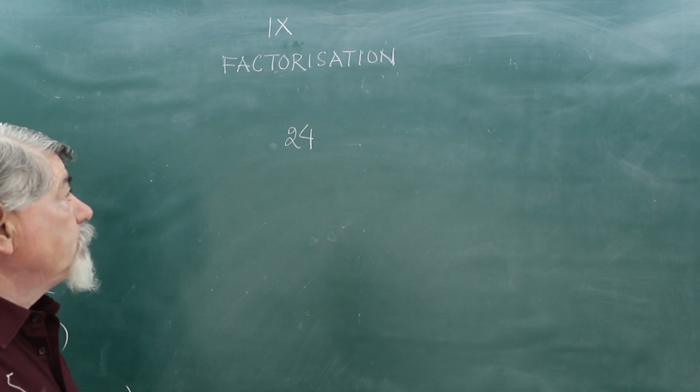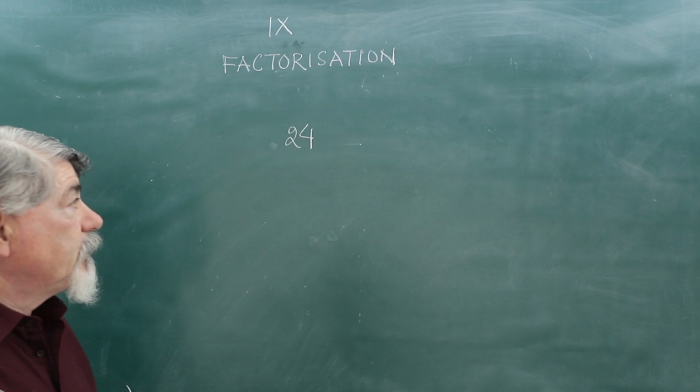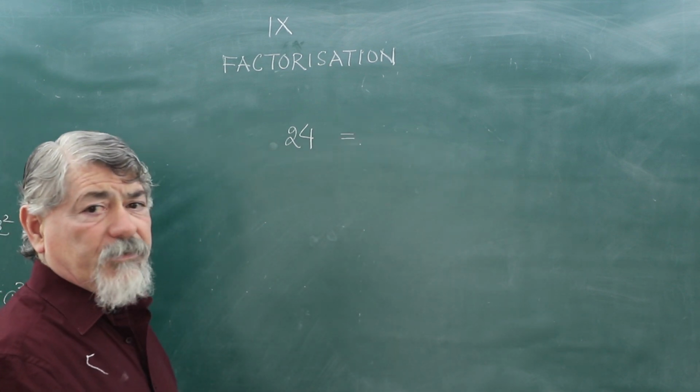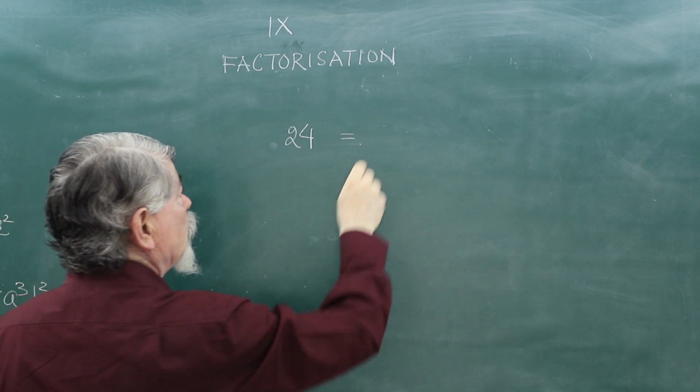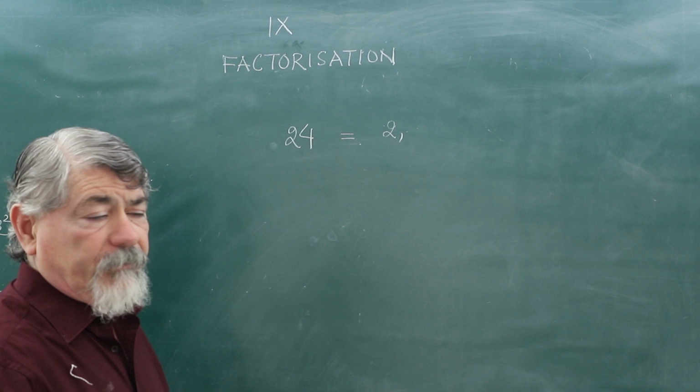If I take a number 24 and I want to find the factors of 24, what does it mean? You know 1 is a factor of everything, so I'm not going to write 1. But 2 will divide 24 completely.